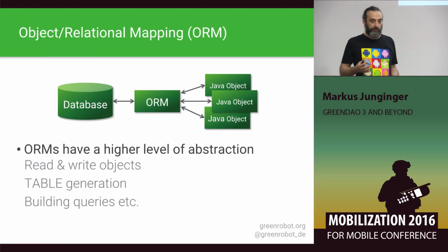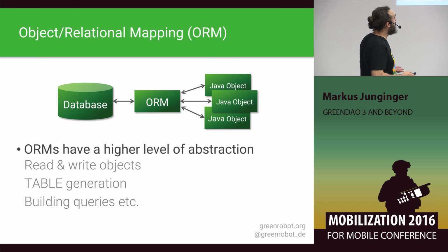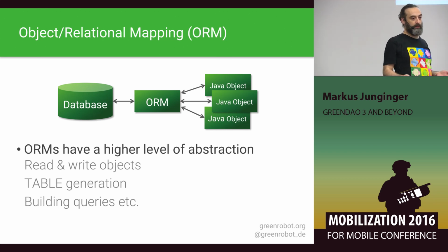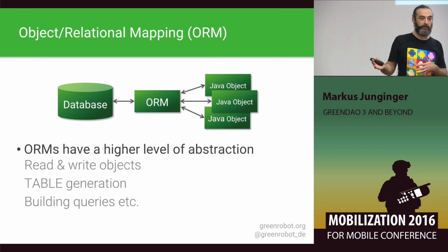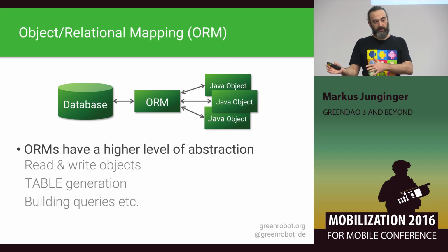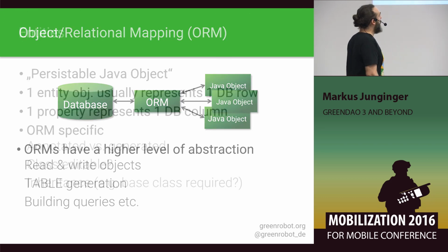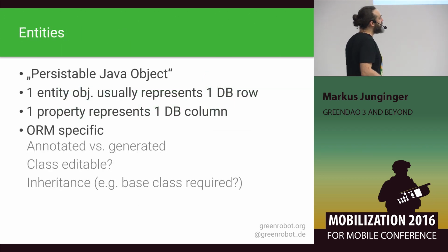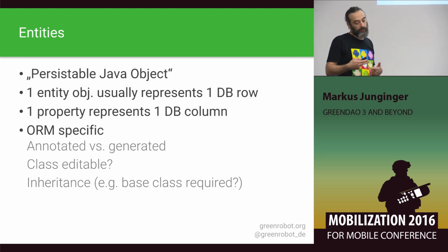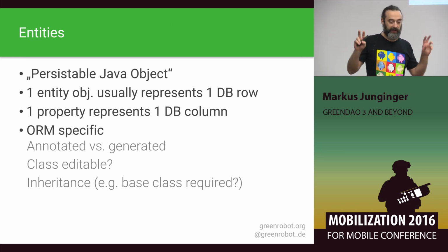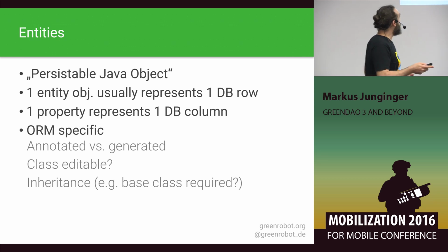So what does an ORM do? Very simple. It just gets your objects into the database and the other way. So this is mapping, object relational mapping, ORM. And when we talk about ORMs, there's this word entity. I will refer to it a couple of times.